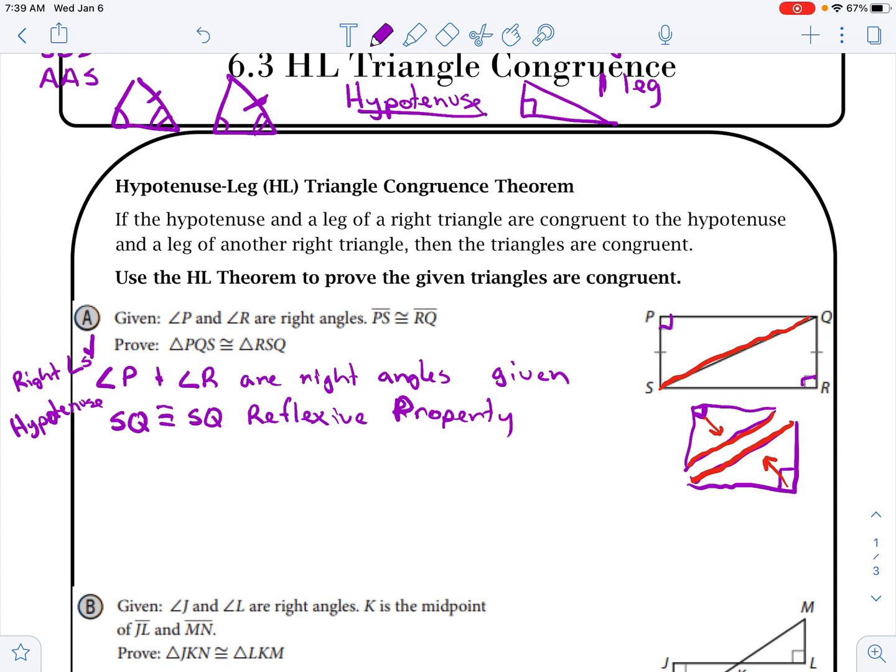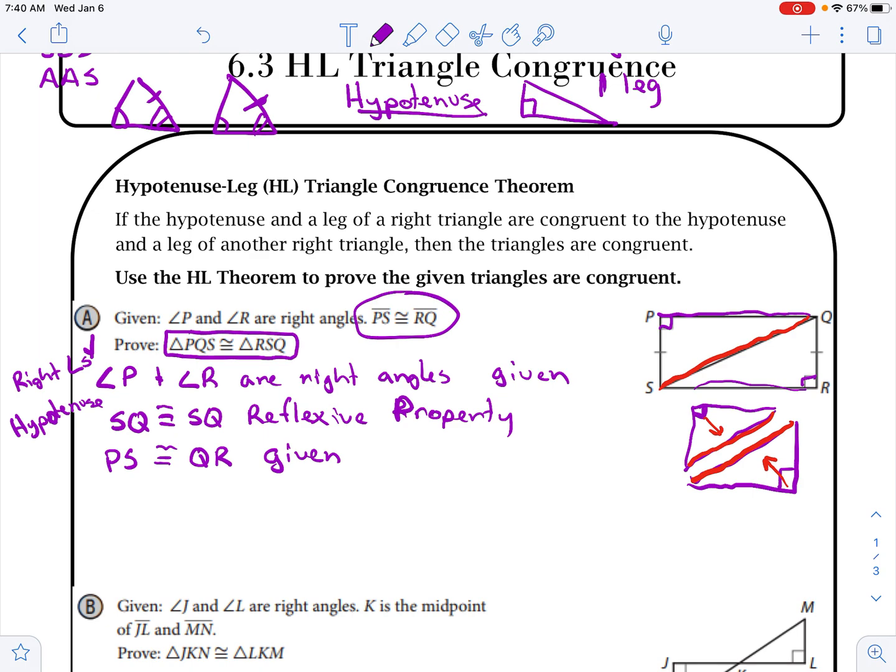Then the last thing is we need to know a leg. So do I know another side is congruent? I need to know either this side and this side are congruent or the other ones. And we know that PS is congruent to QR. How do we know that? Because it is given to us.